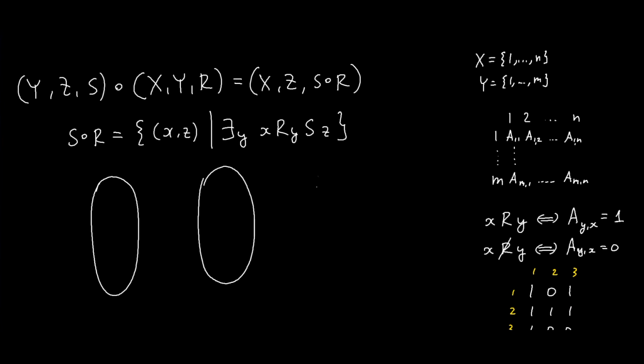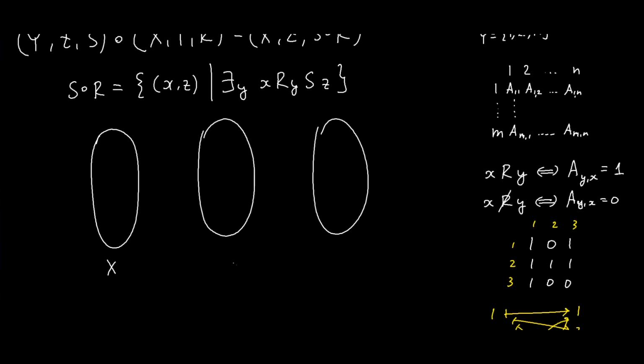So let's draw the 3 sets. We've got x, y, and z. And I'm now declaring that if I've got an x here and I've got a z here, if I want to figure out whether by the composite relation they're related, all I need to do is to find a y which links them. So if x is related to y by the R relation, remember this is the R relation, it goes from x to y, and this is the S relation that goes from y to z.